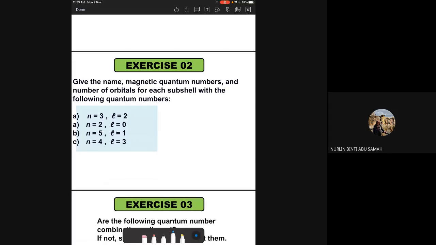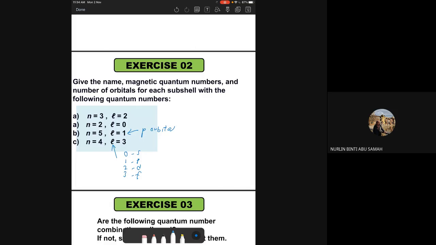Okay, so the name of the orbital is actually dependent on L. From the L value you can determine. Ini yang saya suruh awak hafal tadi: 0, 1, 2, 3 is S, P, D, F. If the value is, for this example, L equals to 1, so dia adalah P orbital.